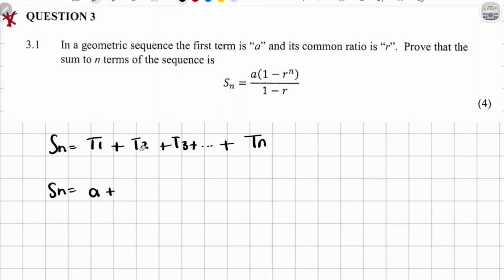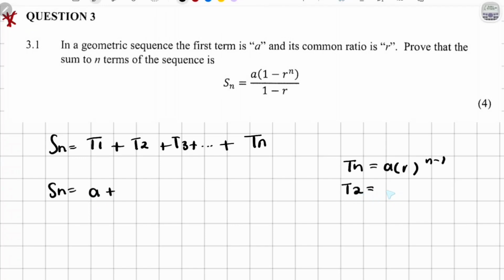Then plus, how do we get the second term? Well, let's think about it like this. You know that the Tn formula of a geometric sequence is A multiplied by R raised to the power of n minus 1. Since this is the Tn formula, even if you substitute for T1, you'll see it simplifies to a.